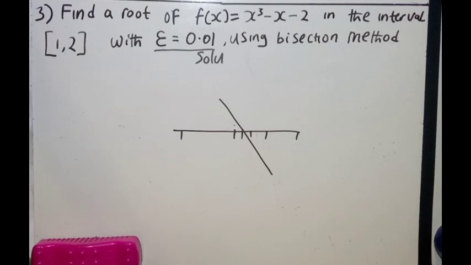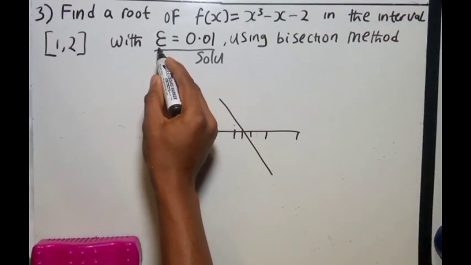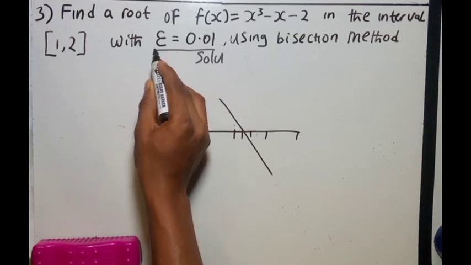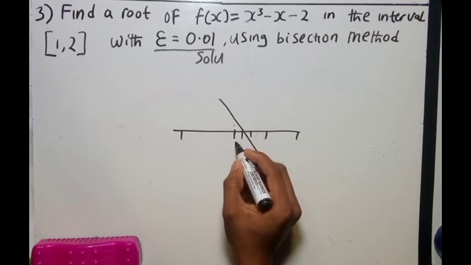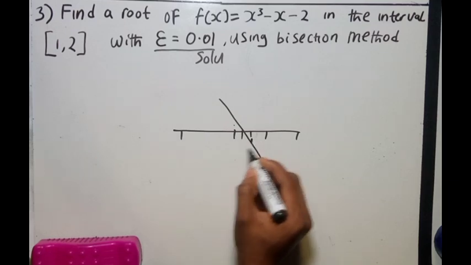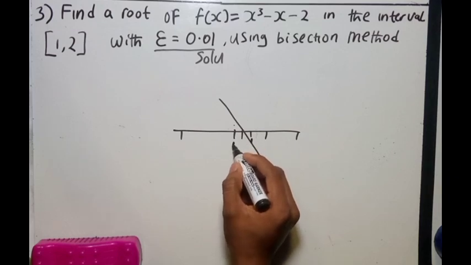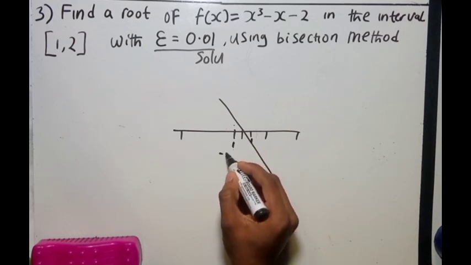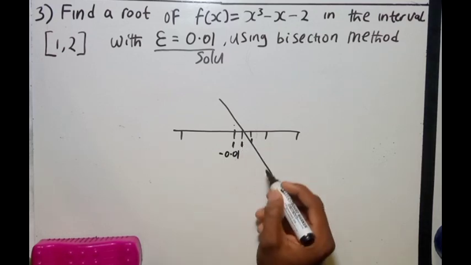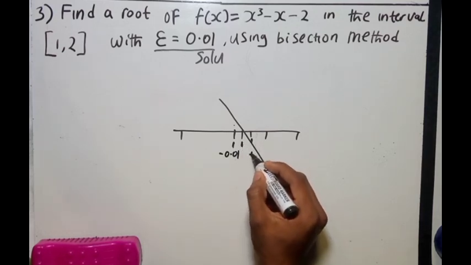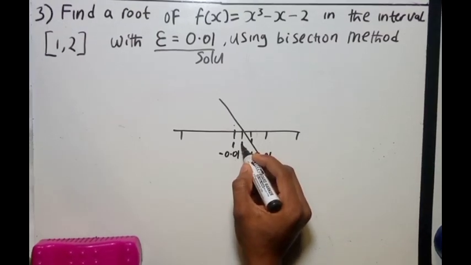Now the idea behind this, or what we are telling you using this tolerance factor, is that if you have gotten either this or this, let this value be minus 0.01 away from this value, and this one plus 0.01 away from this value.